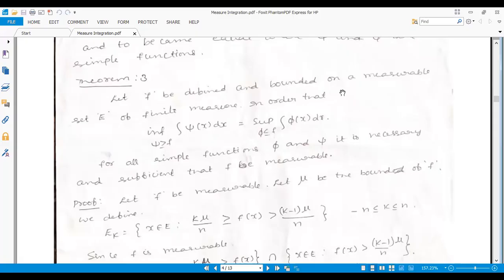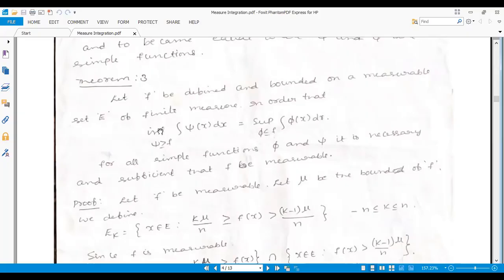Here, what does the theorem state? f is defined and bounded on a measurable set E of finite measure. In order that the infimum of the integral of psi(x) dx, where psi is greater than or equal to f, and the supremum, where phi is less than or equal to f, with respect to infimum here, are equal, with phi and psi simple functions, the necessary and sufficient condition is that f is also measurable.